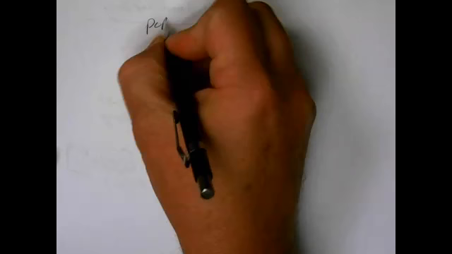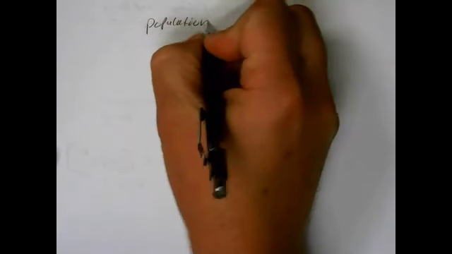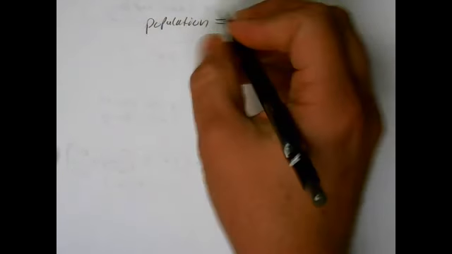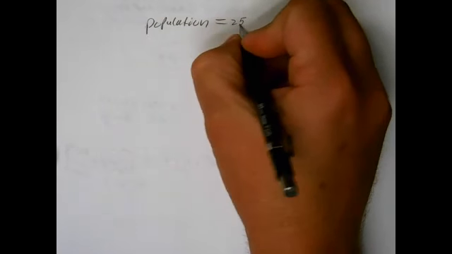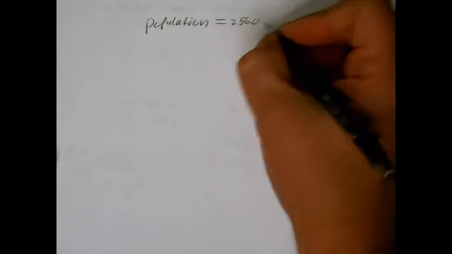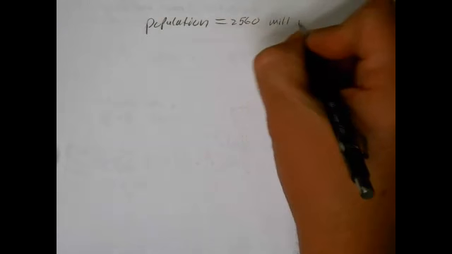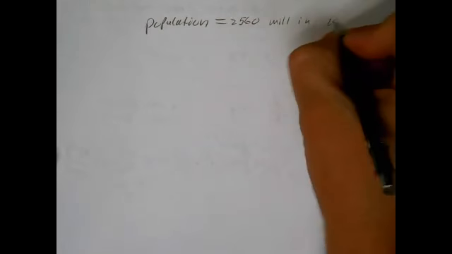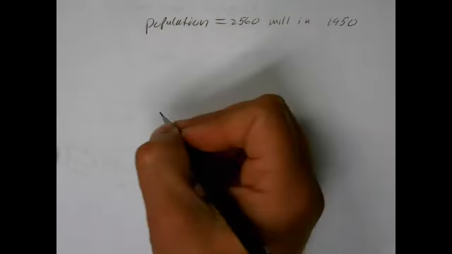All right, so what kind of application can we put this to use with? Let's say that we know that the world population was equal to 2,560 million people in the year 1950.